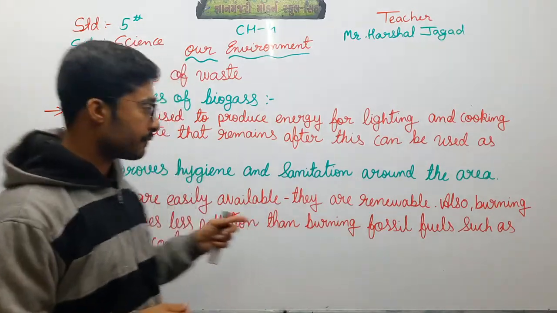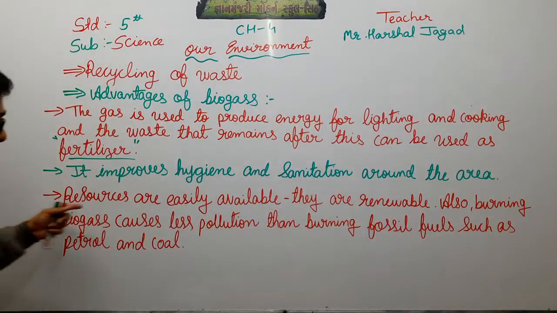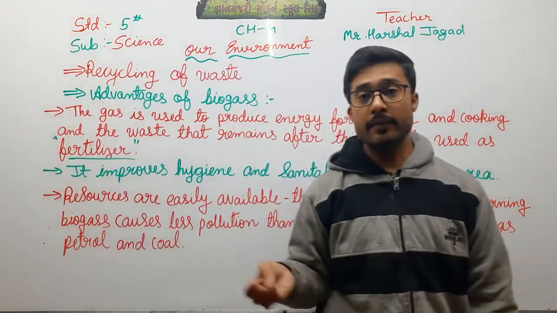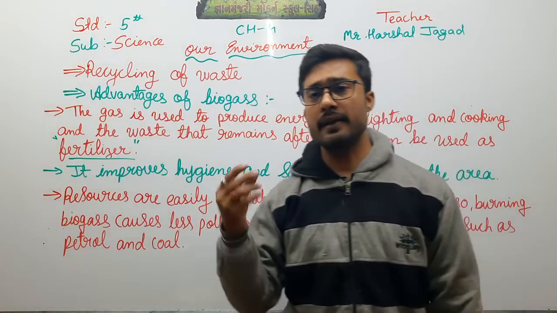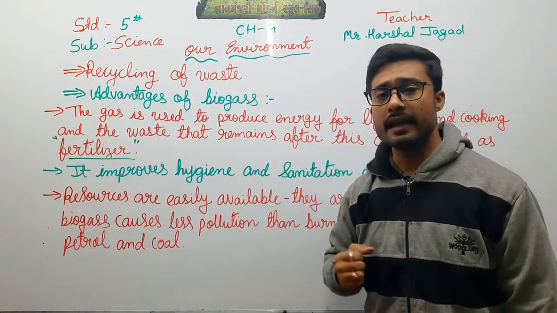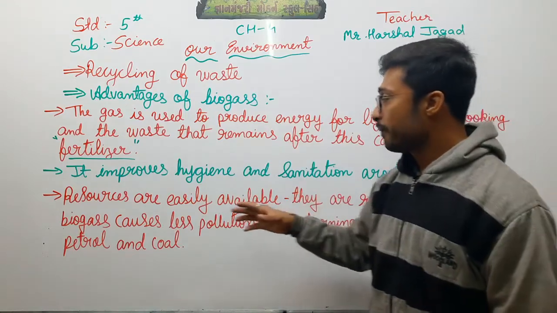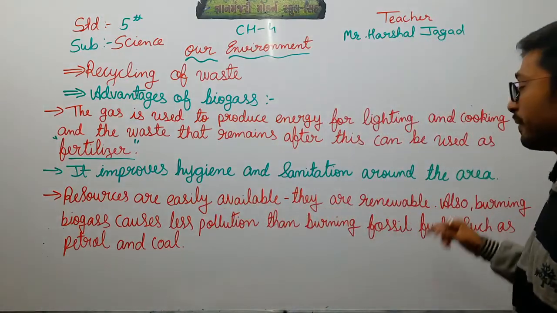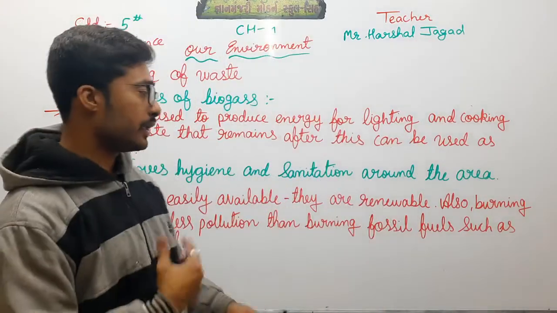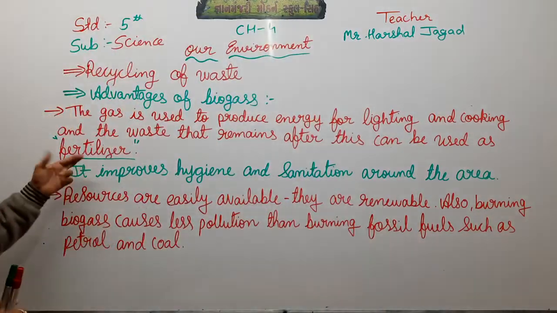Then after here resources are easily available, मतलब ये जो resources हैं, animal dung, plant products and all these things, these can be easily got. Then after they are renewable, और वो जो मिलता है वो renewable है, उसको we can use as fertilizer.